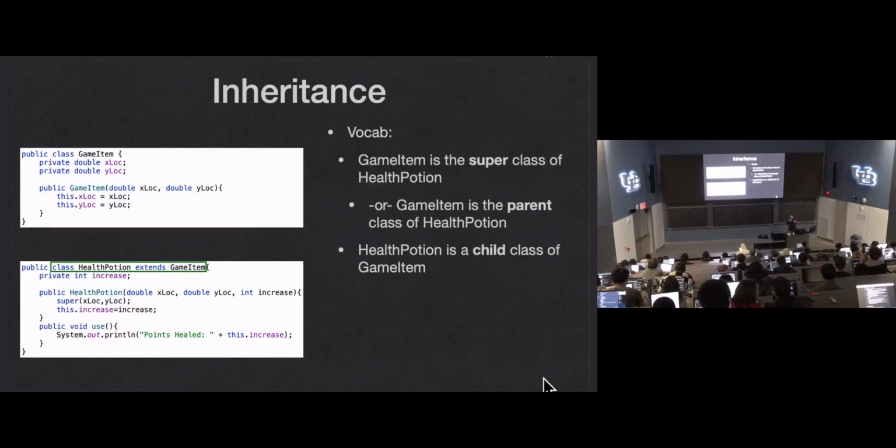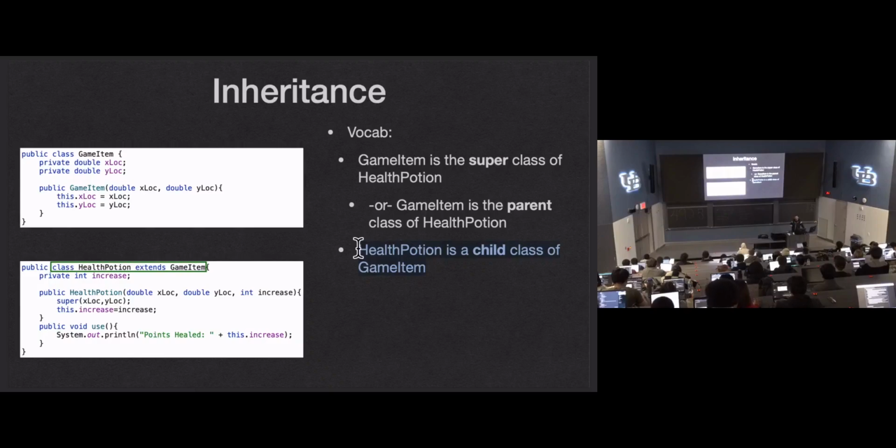A little bit of vocab with this. We say that the GameItem class is the superclass of HealthPotion, or a different set of terminology, the parent class. So GameItem is the parent class of HealthPotion, or GameItem is the superclass of HealthPotion. I'll stick with superclass when I say that. And omitted from the slide, for whatever reason when I made this slide, I couldn't think of it.